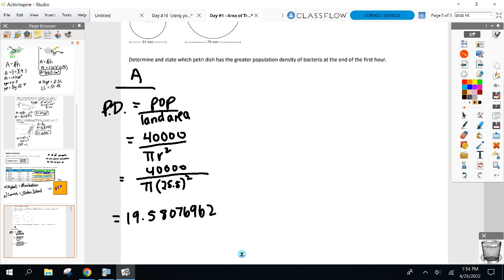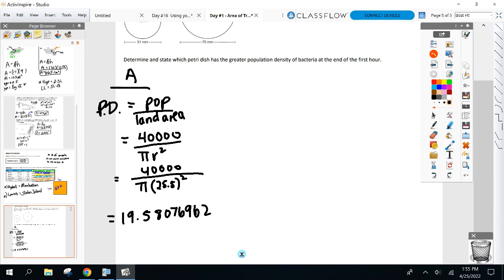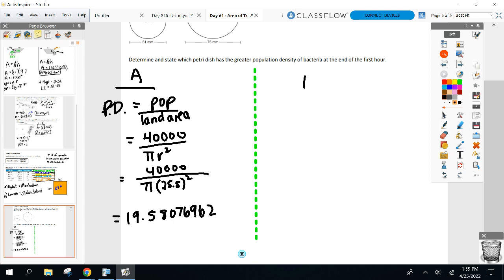And then go ahead and do the same thing for Petri dish B. 72,000 divided by pi r squared. What are you using now? Not 75 but 37.5 squared.